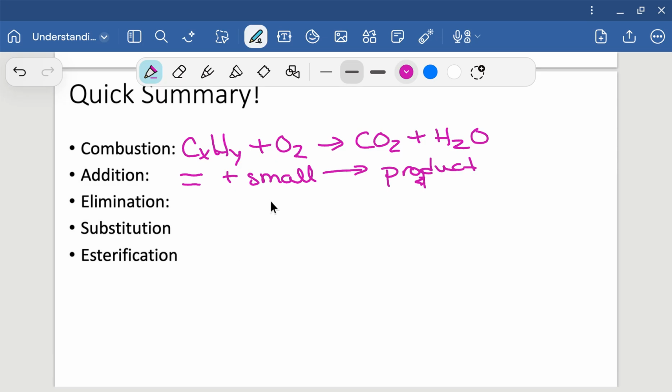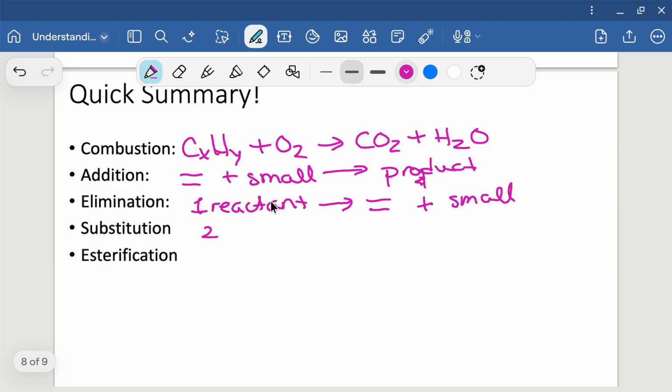Elimination is when you start with one reactant and you are eliminating a small molecule off of your reactant. So a double bond forms and a small molecule. So the opposite of addition.